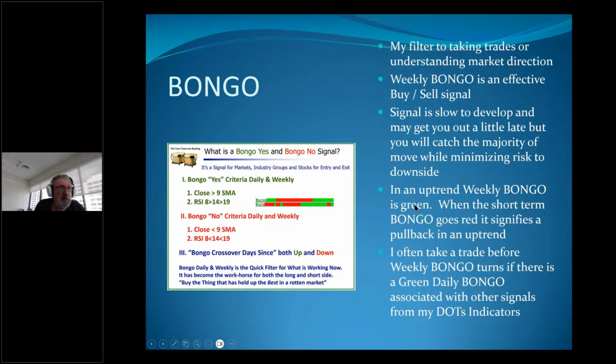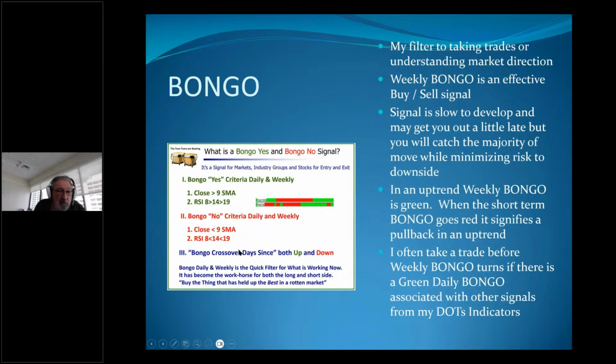But when the daily is pulling back, the daily might go to red while the weekly stays green. So if you look at this here, in this case, the weekly's on top. When the weekly's green, it tells me the longer trend is up. And when the daily goes to red, there's my pullback in an uptrend. I can develop scans or explorations that can find me stocks that are in an uptrend that are pulling back. Why is that important? Because remember I said my A trade, that's where it starts.